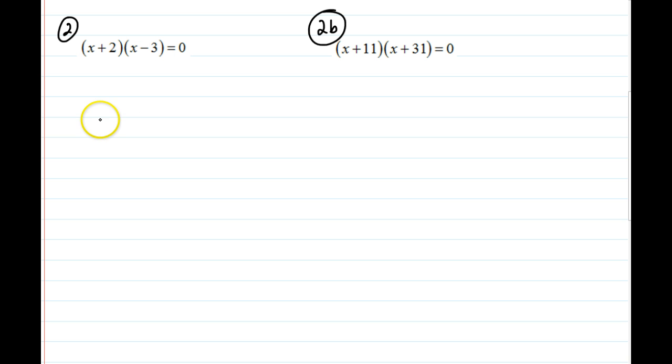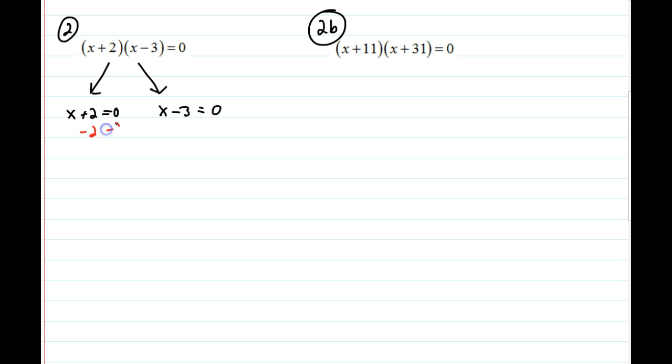Alright, now what we're going to do is we're looking at something in factored form, and so now we actually have an equation. We want to know when it's going to equal 0. So what we do here is we take this and we write two separate equations. x plus 2 equals 0, x minus 3 equals 0, and then we solve each equation.